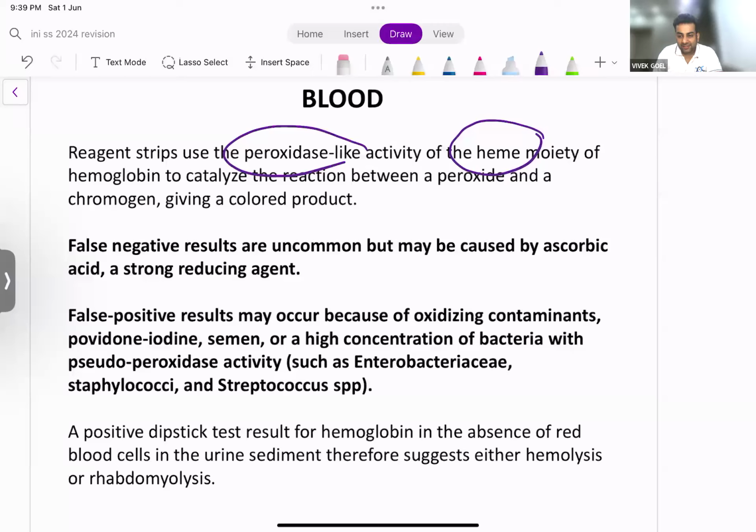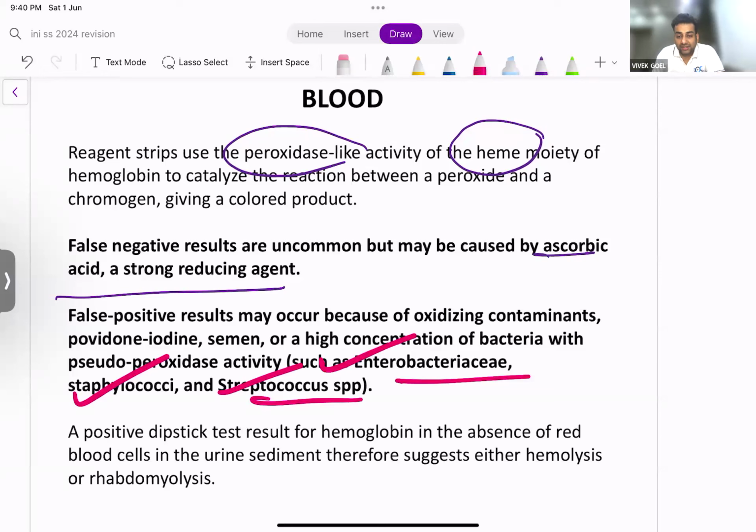Now, false negative results are uncommon, but may be caused by ascorbic acid, which is a strong reducing agent. And false positives may be given because of oxidizing contaminants like povidone iodine, semen, or a high concentration of bacteria with pseudoperoxidase activity like Enterobacteriaceae, Staphylococcus, and Streptococcus species.